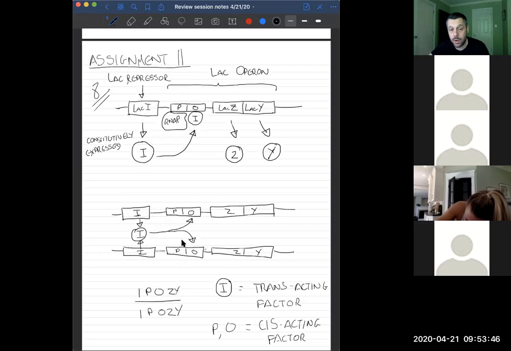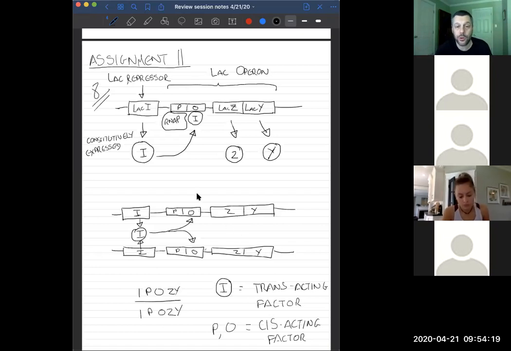Likewise, this promoter from the one below can only act on the genes that are downstream of it. The promoter on the top strand of DNA doesn't interact with this bottom strand at all. It is cis-acting. I is a trans-acting factor. So it's normally true that trans-acting factors are proteins that float around and do stuff. Cis-acting factors are regulatory pieces of DNA. And that is key to understanding this question.